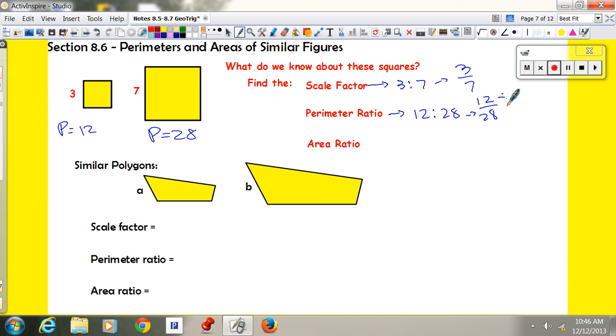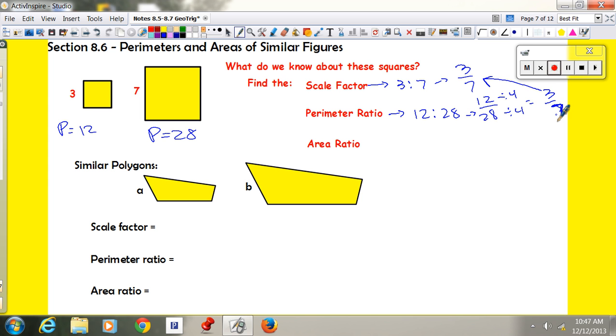So if I divided both of these by 4, then it's going to be a 3 over 7, which is exactly the same as the scale factor. So in other words, the perimeter ratio is the same as the side ratio because you're using sides to get the perimeter. So these two ratios are always going to equal. This one and this one will always equal each other.